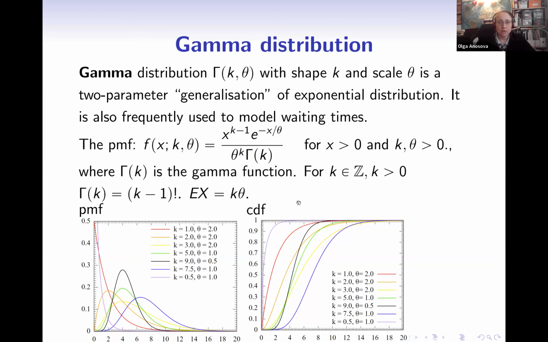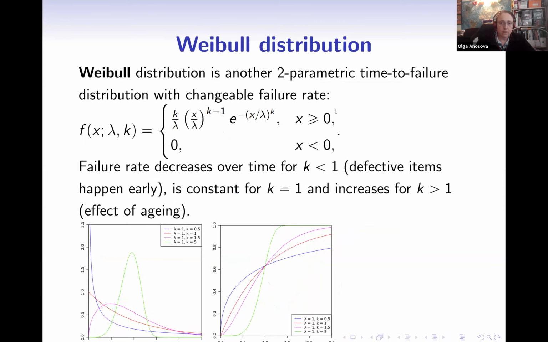Another slightly stranger one. What happens in the exponential distribution is that the rate is the same, yeah? And what happens if you'd like to change this rate?